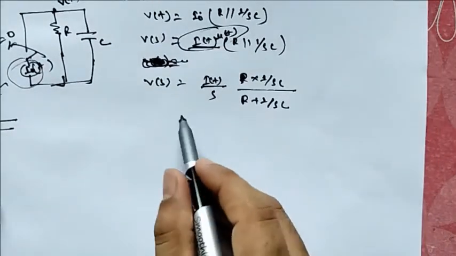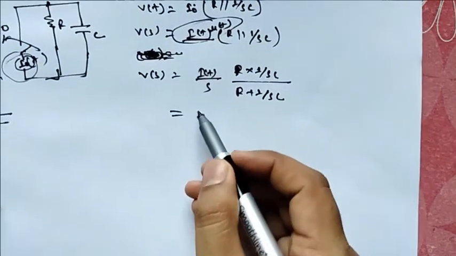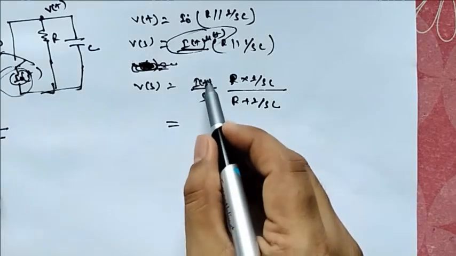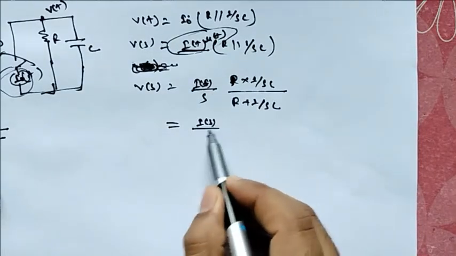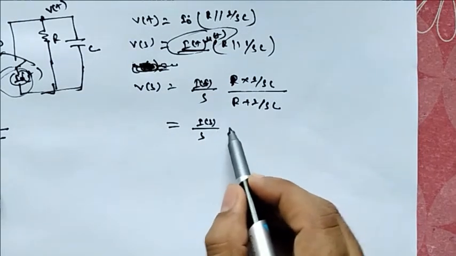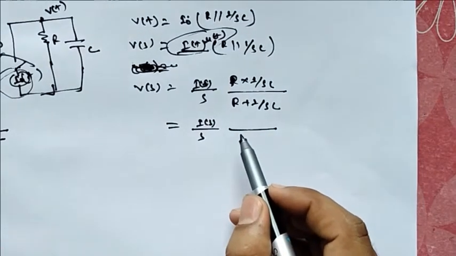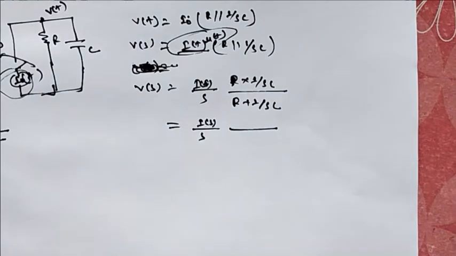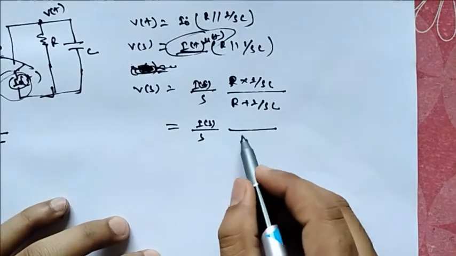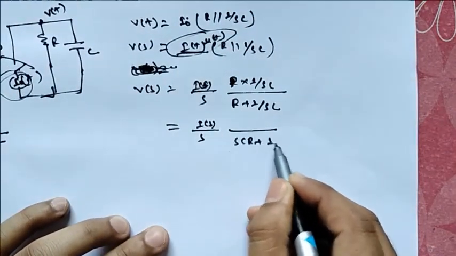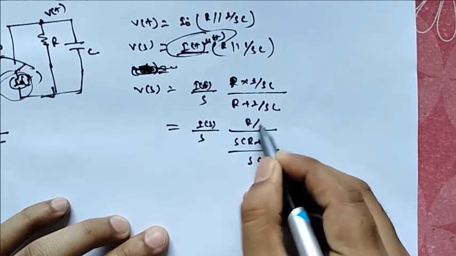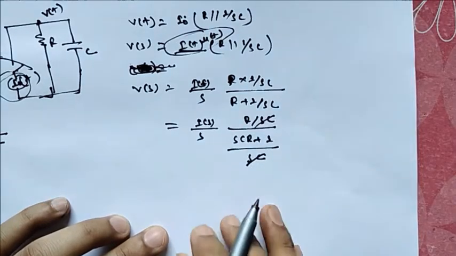Now if I do the simplification, the Sc will get cancelled.